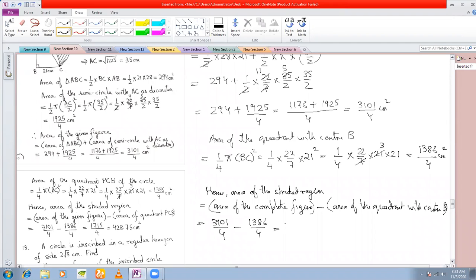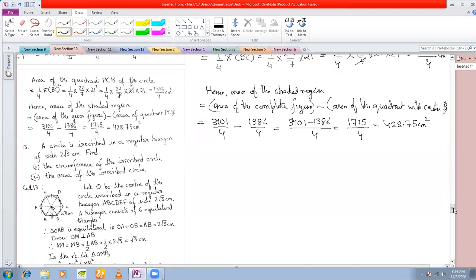So now if you subtract, you will get 3101 minus 1386 divided by 4, which is 1715 divided by 4. Now you can convert this to a decimal form. Comes out to be 428.75 centimeters square. Okay, so that is what this problem is all about.